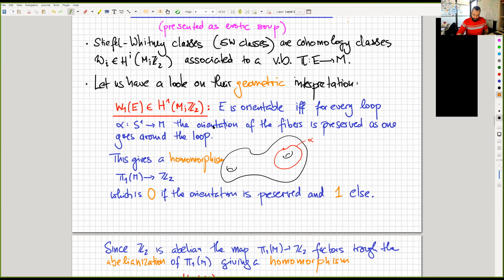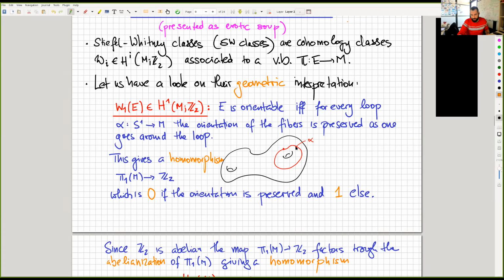so what is an orientation? You just take an orientation in every fiber of your vector bundle, and then it's called orientable if you can achieve the following with this orientation. If you have a loop and you go once around, here I have this loop alpha, the orientation shouldn't change, because there's a homotopy between the orientations from here to this point, which is just given by the curve.